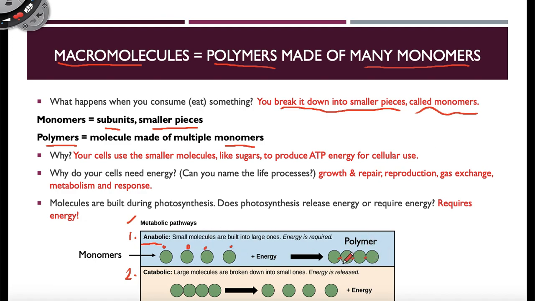These smaller pieces need to be bonded or holding hands one way or another. In a catabolic reaction, you take a large molecule, so you take a polymer like this, and you break it down into smaller pieces, or you break it down into monomers. So in that process, energy is released.